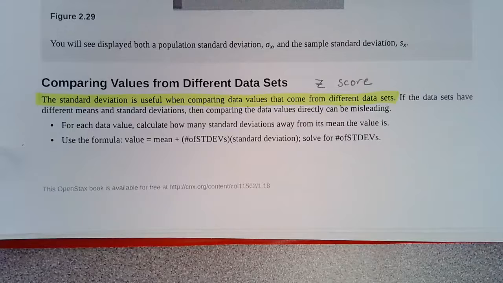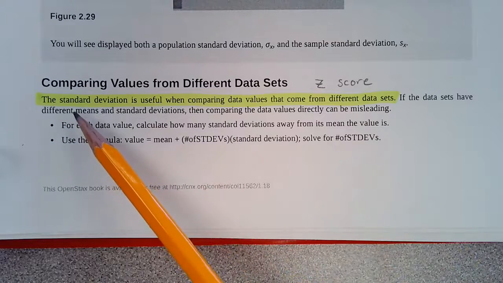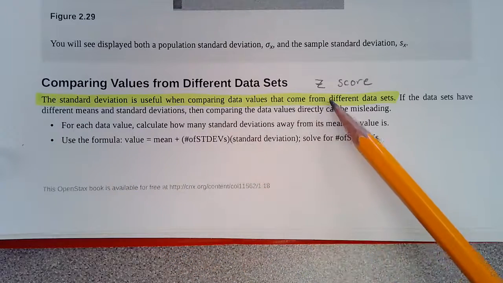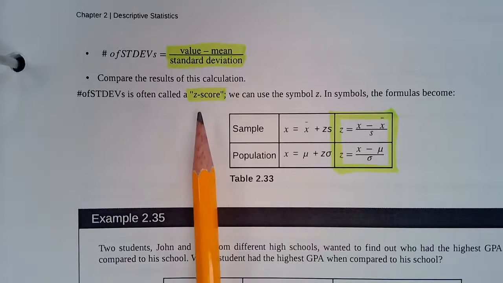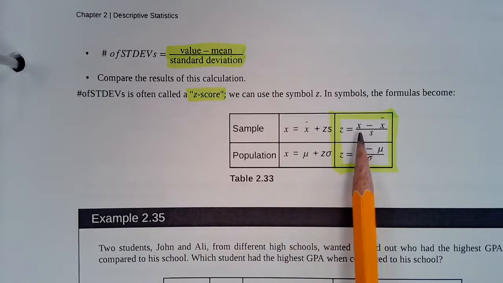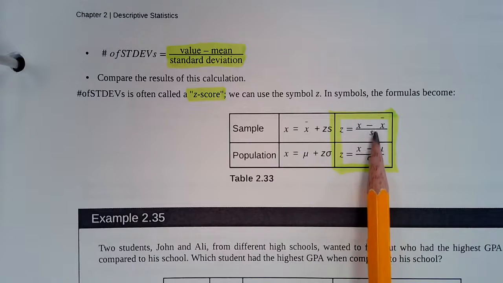All right, so let's say that we're wanting to compare values from different data sets. Standard deviations can be helpful, but we have to convert them to something called a z-score so that we can compare data values that are coming from different data sets. All right, so for this z-score, we use the data value, subtract the mean, and divide by the standard deviation of that data set.